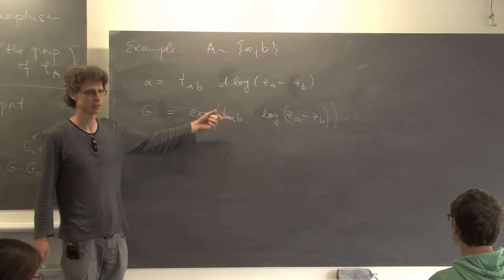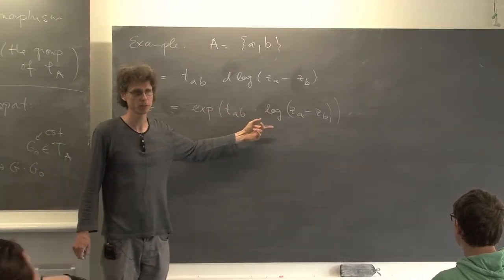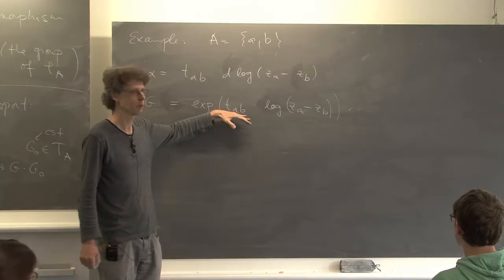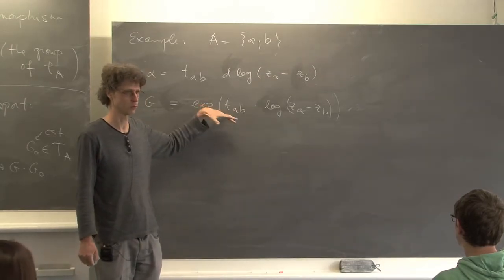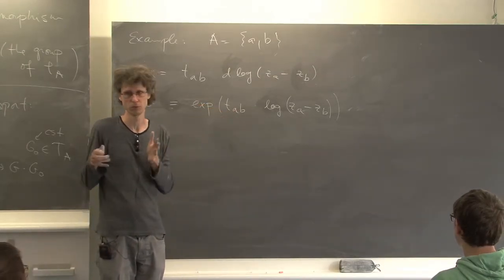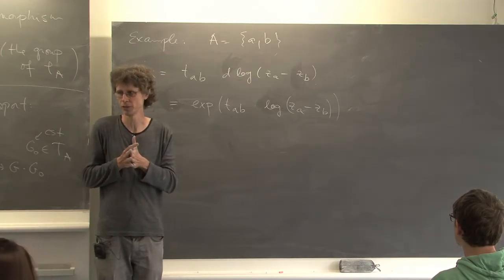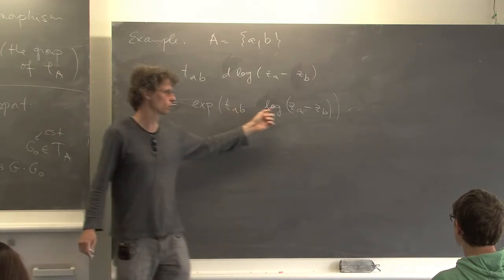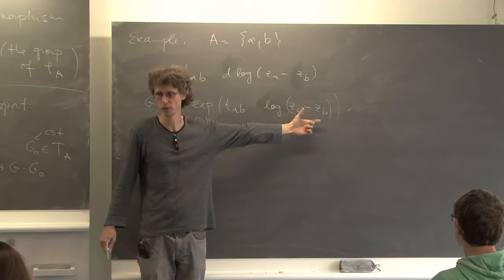You see, to understand that, one should really expand it to a power series, because this algebra is somehow given by formal power series in those TABs, and those coefficients are going to be powers of that log.